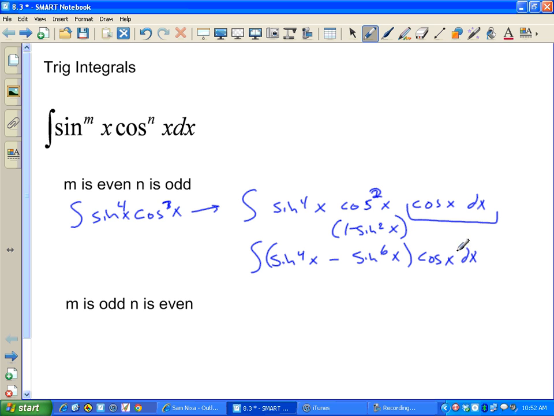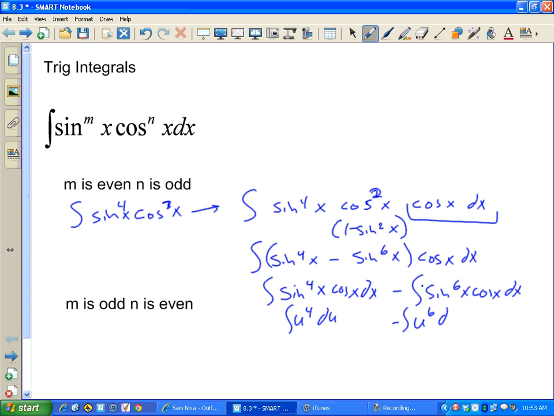I can distribute this in so that each piece has its own du. So I'm kind of doing two integrals now: the integral of sine to the fourth x cosine x dx minus the integral of sine to the sixth x cosine x dx.